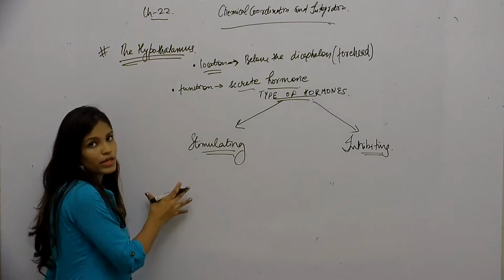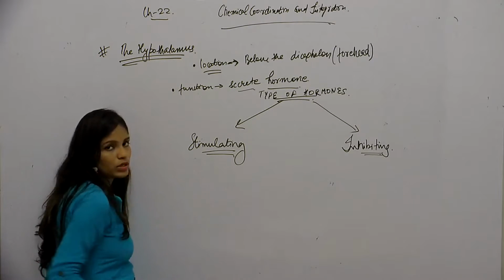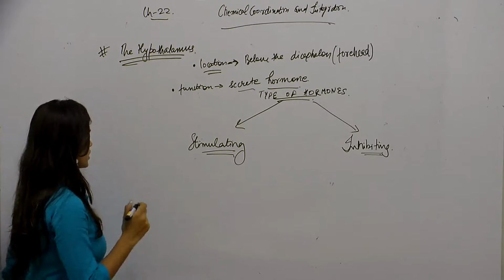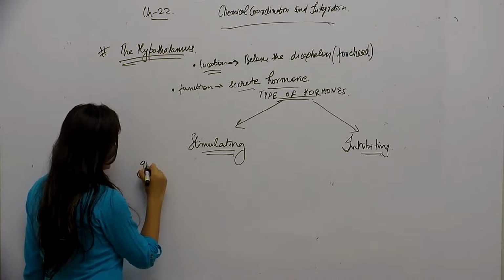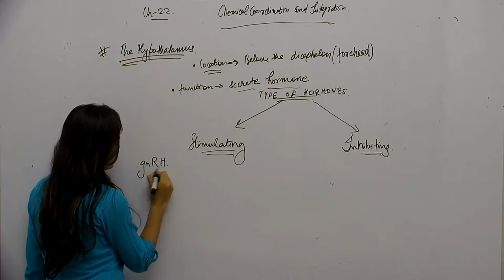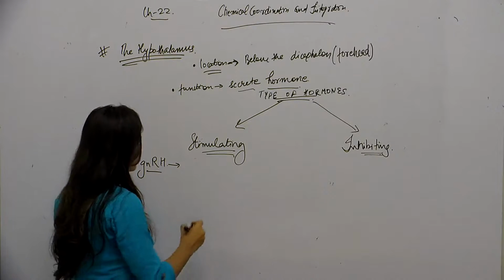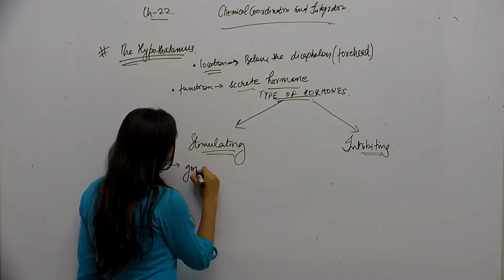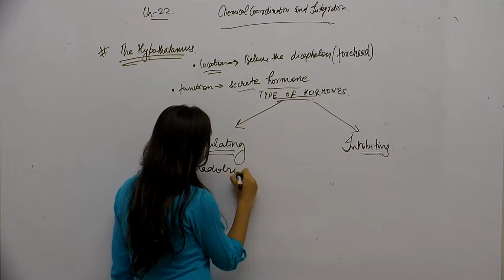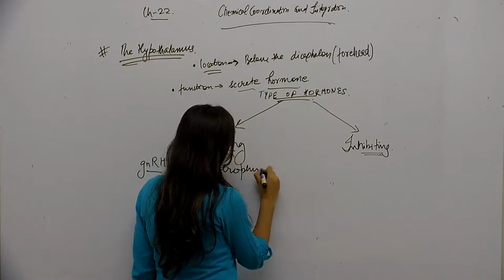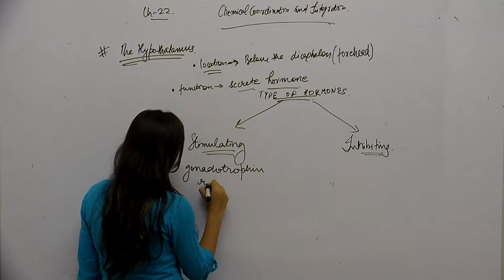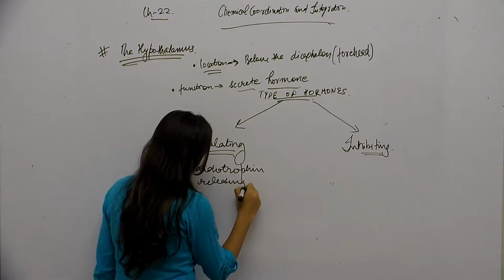I'll give you an example of each. For the stimulating hormone, let's take the example of GnRH, that is gonadotropin releasing hormone.